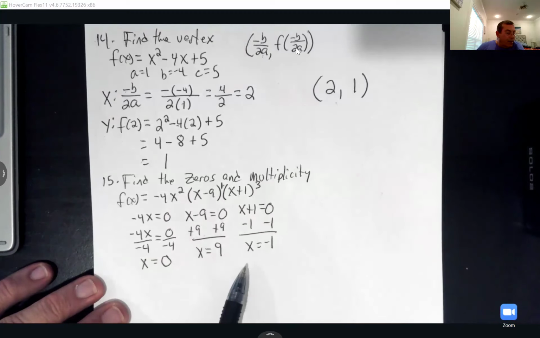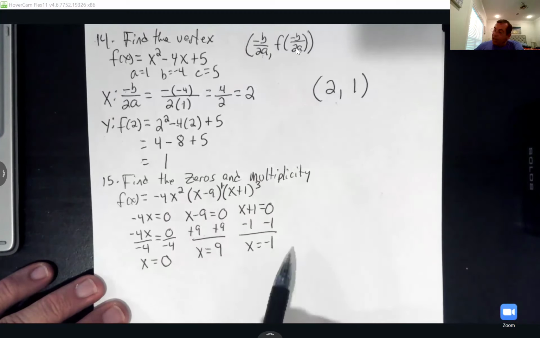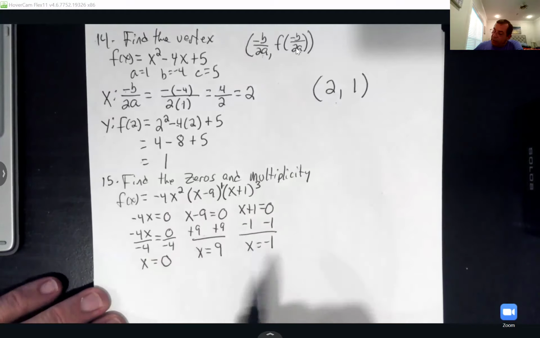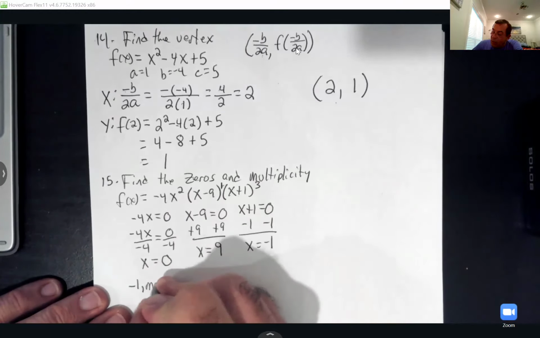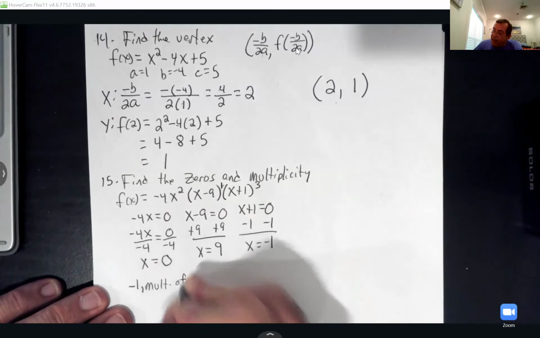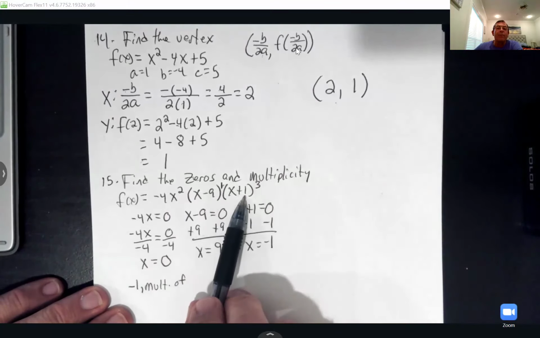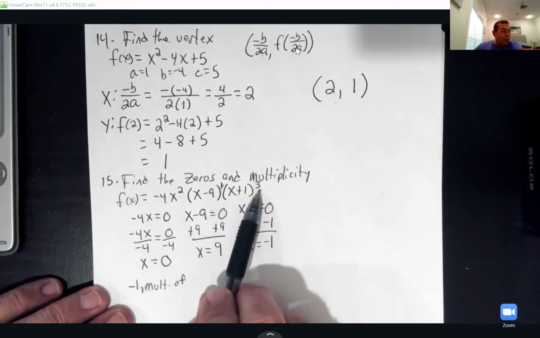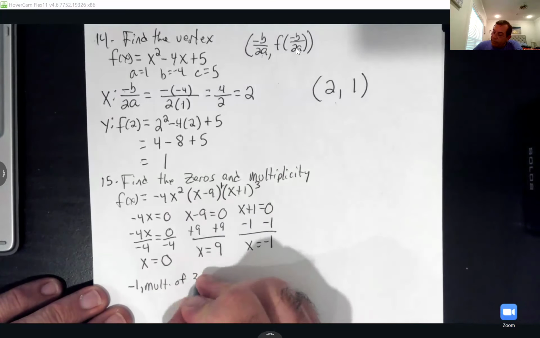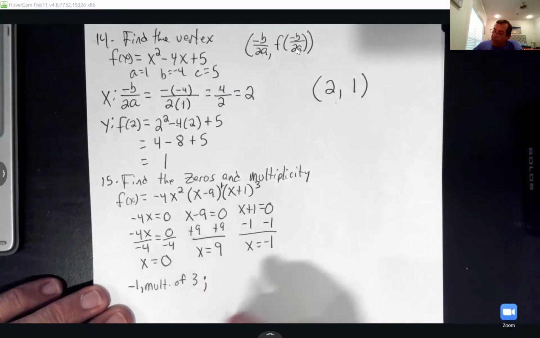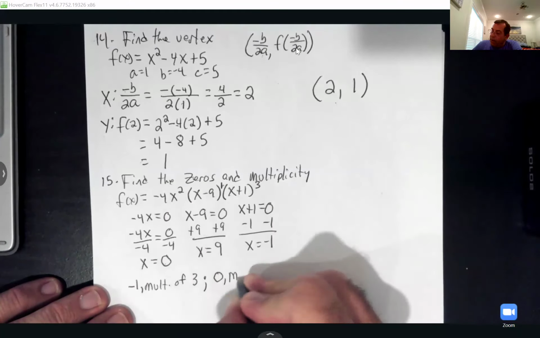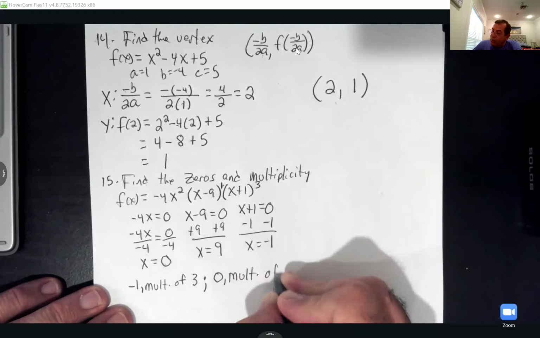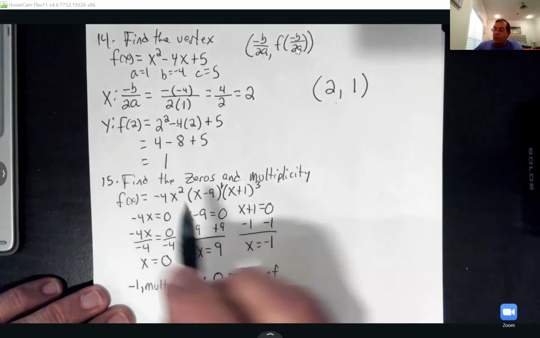So looks like they're going in order from the numbers. So for negative 1, that 0 had a multiplicity of, well, y'all, the negative 1 came from this factor. So it's got a multiplicity of 3. Then my next 0 is 0. 0 has a multiplicity of 2.